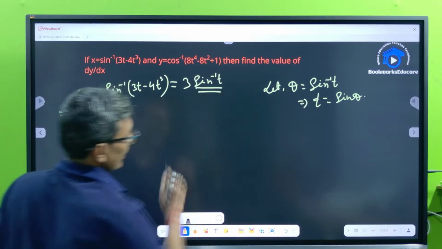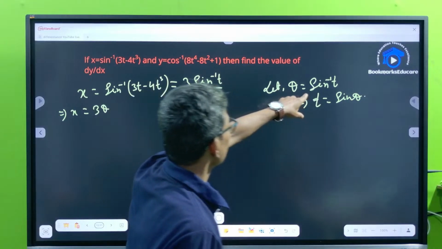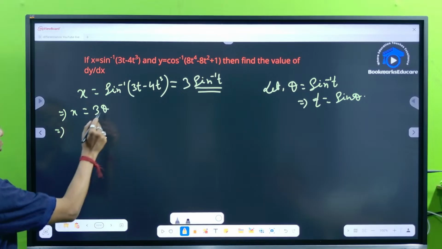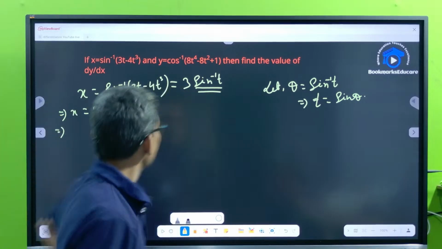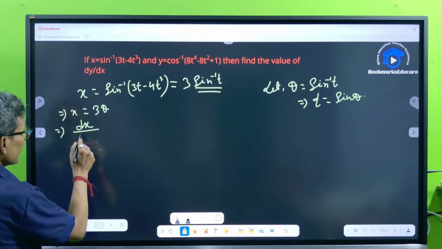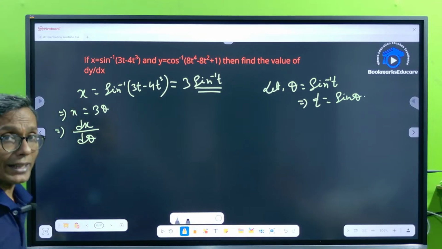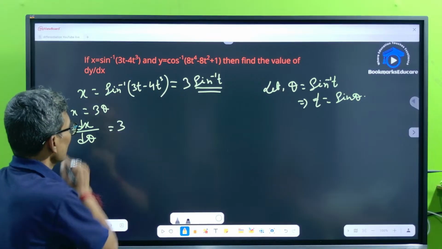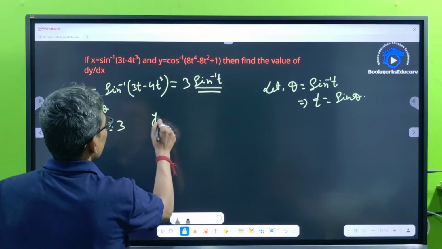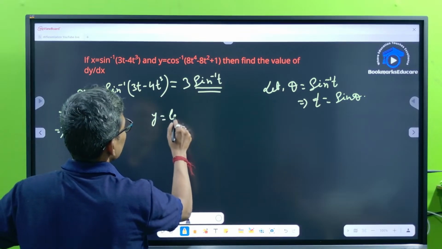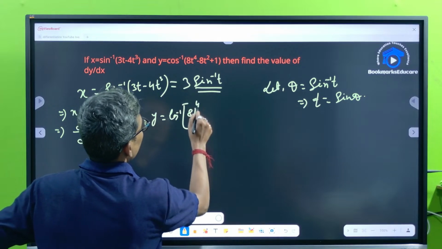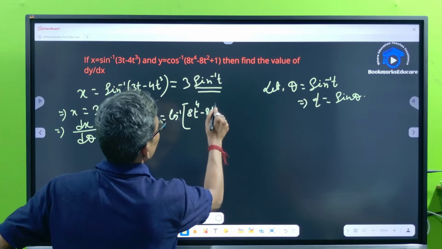Here I put theta, assuming its value as theta. So differentiating on both sides with respect to theta, dx by d theta is equal to 3. Now y is equal to cos inverse 8 into t to the power 4 minus 8t square plus 1.